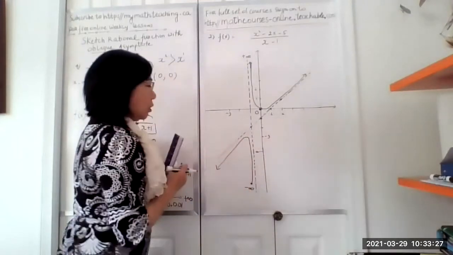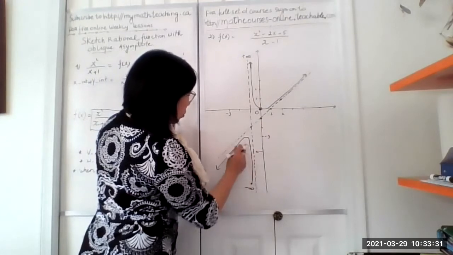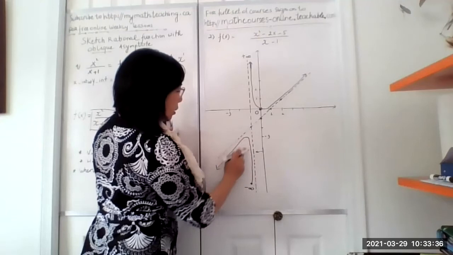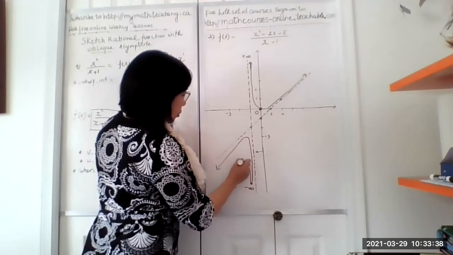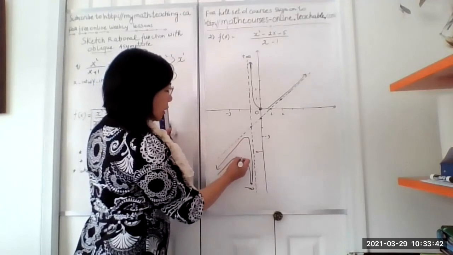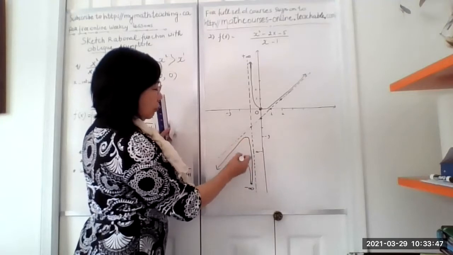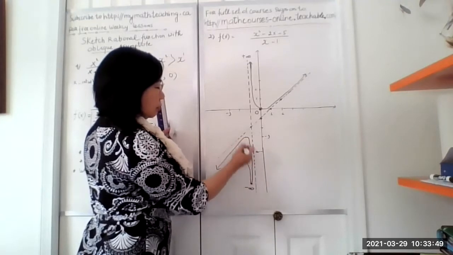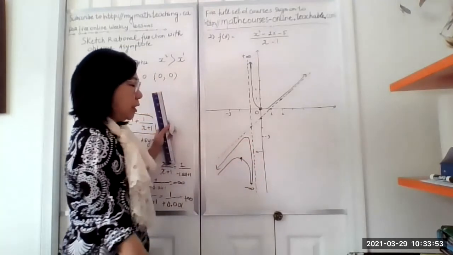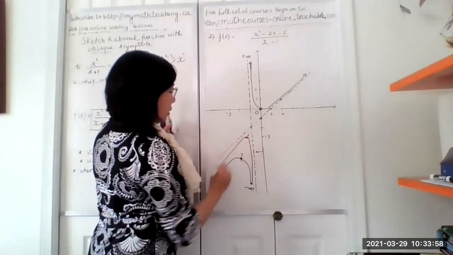However, if we want to be accurate, we don't know how high this function turns the curve here, right? So it could be high like that, or it could be low like this. We don't know. So we're going to find this point or this point to make sure that we cross the right point, so we have a more accurate picture, right? So we don't know, is it high like this or low like this?